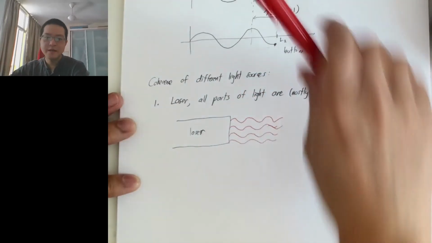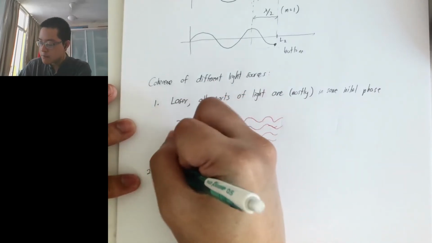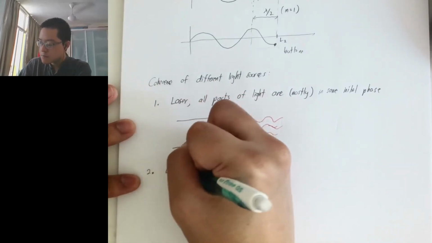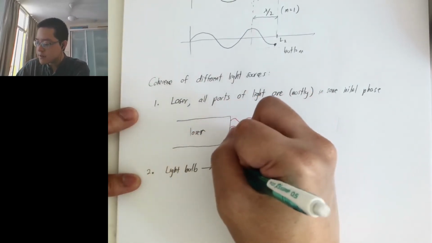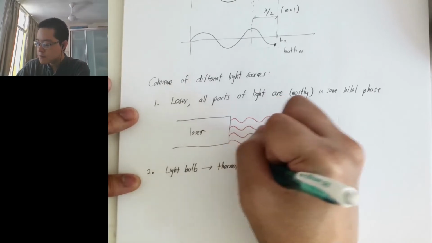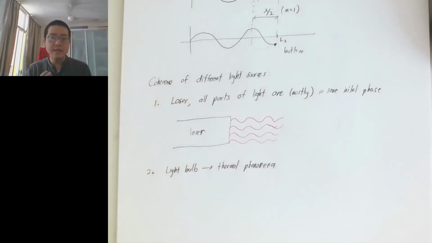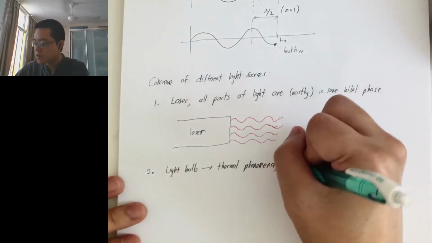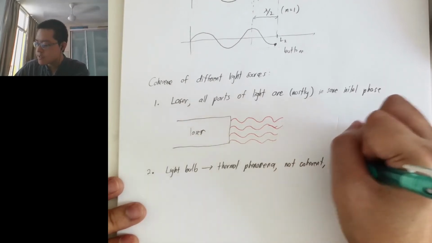If I have a light bulb, this is due to a thermal phenomenon. You have learned in thermodynamics that thermal phenomena are random and depend on probability and statistics. So it's very hard to make it the same phase, so it's not coherent.